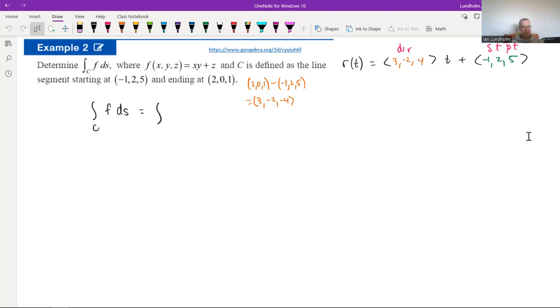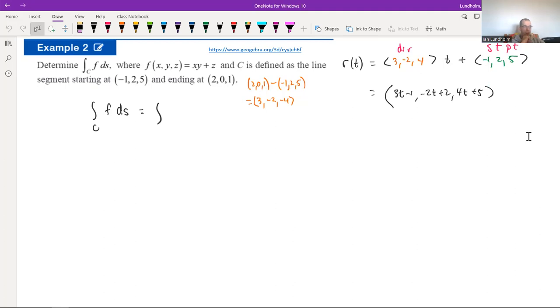And if we wanted to write this in a more component format, this would be 3t minus 1, -2t plus 2, and -4t plus 5. So both of those are the same thing.